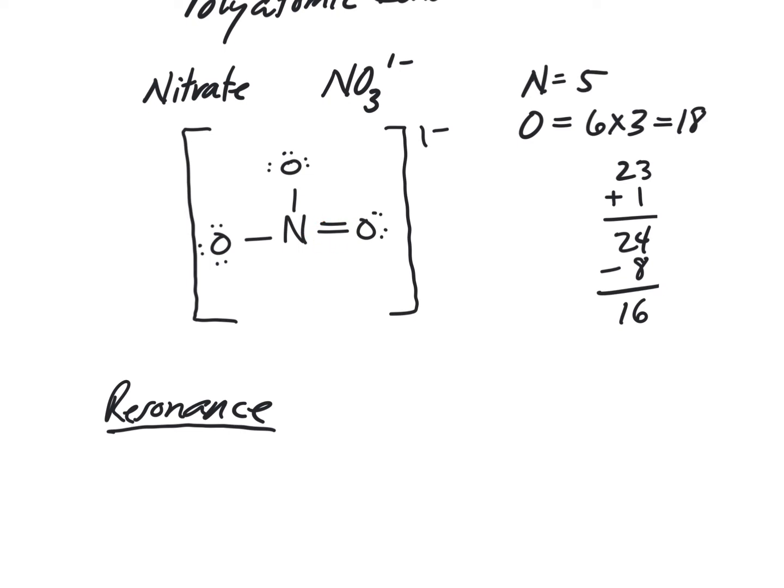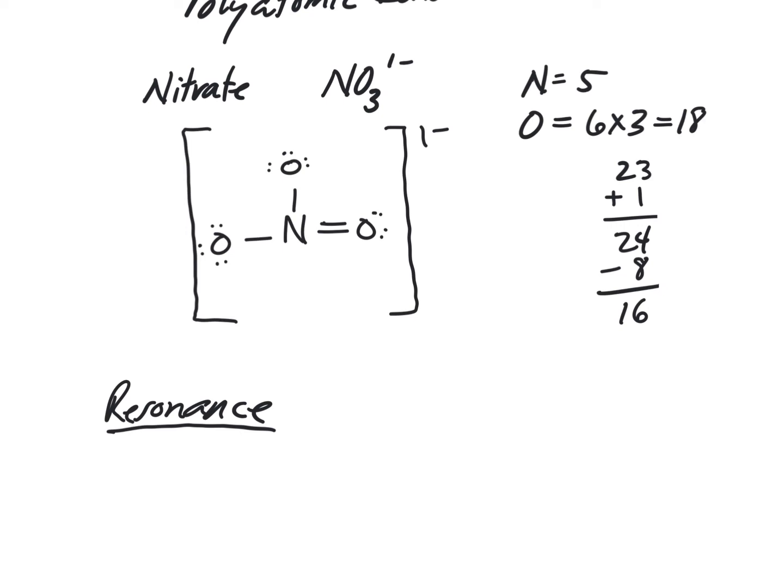This double bond can shift over to here, and it can shift over to here, and basically in the life of this polyatomic ion, this double bond can exist at any one of these places. Okay, so I'm going to draw a resonance structure for this nitrate ion.